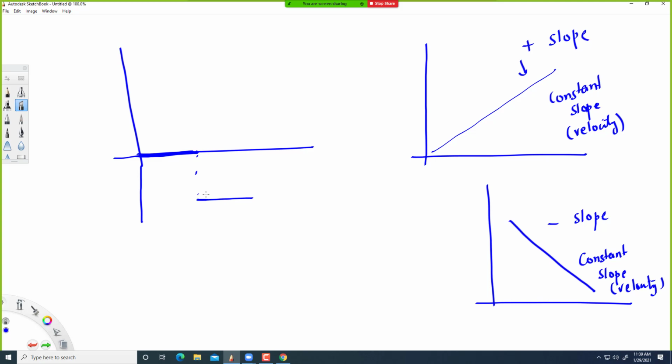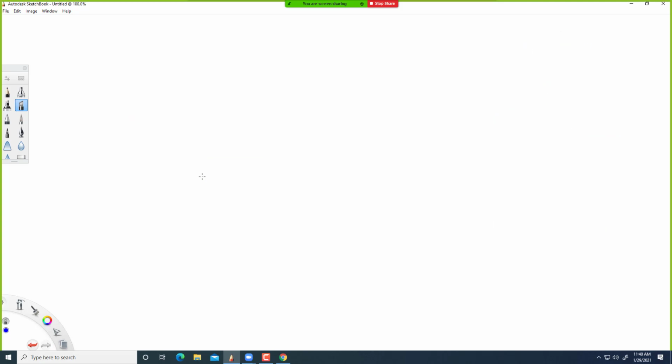Okay, so number 2, you are given velocity versus time graph. So you need to find the position versus time graph from that. So which one is the position versus time graph? So you see this part, this is velocity.